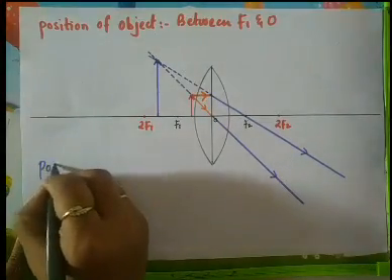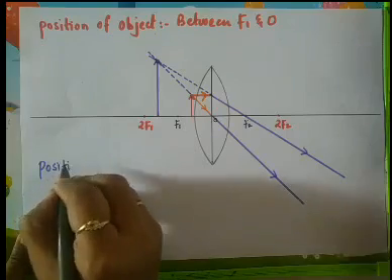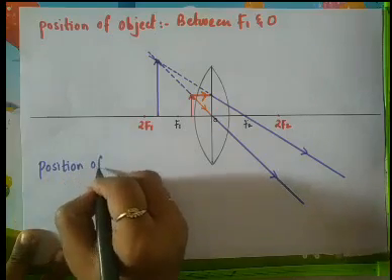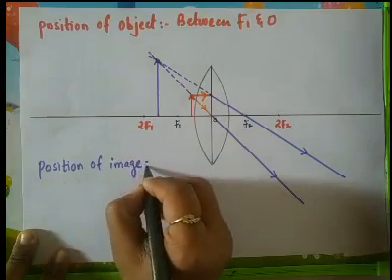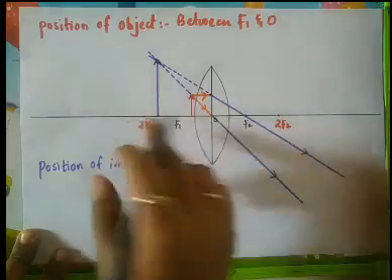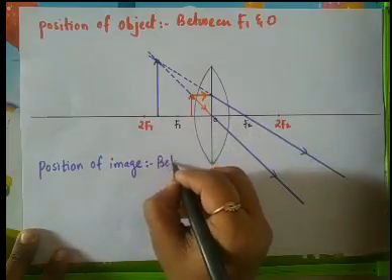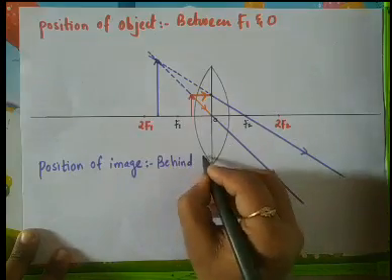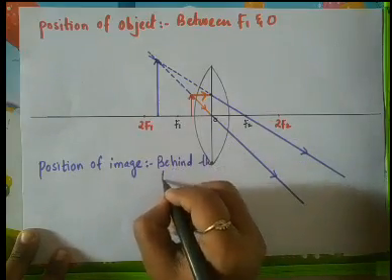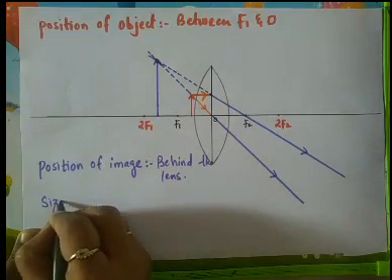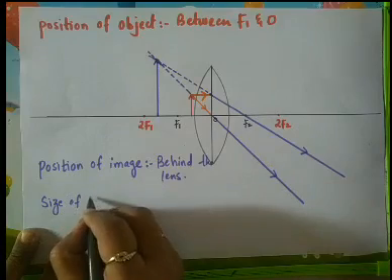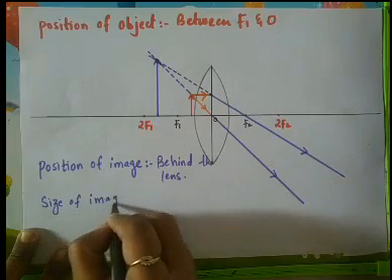First, let's see what is the position of the image. Image is forming behind the lens. So I will write behind the lens. Then size of image.